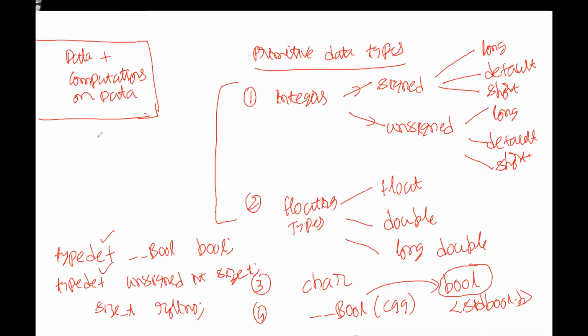One is primitive data types, plus a mechanism to create or compose new data types.